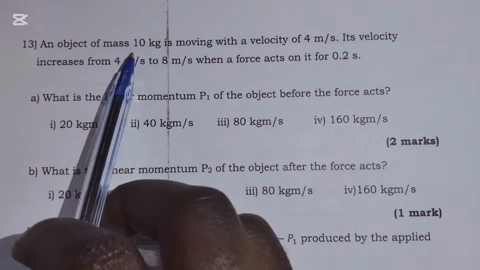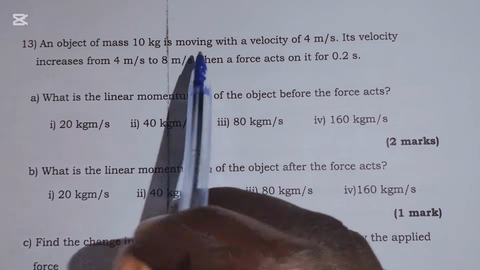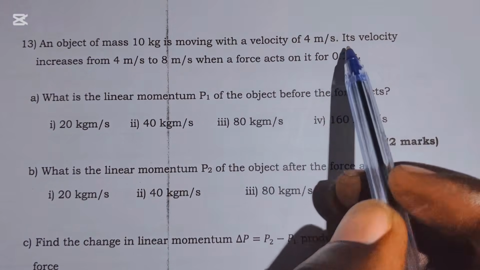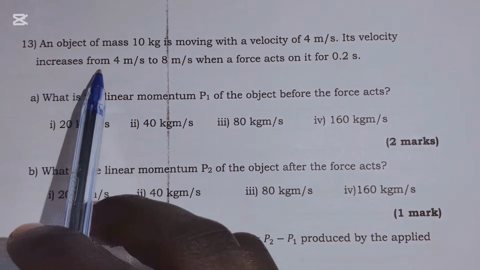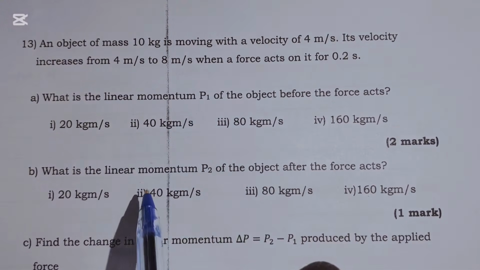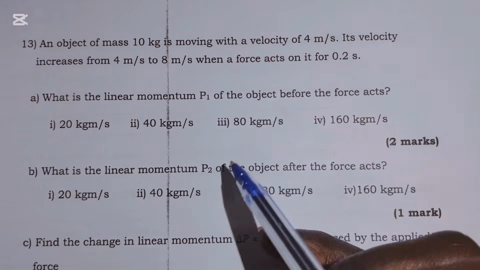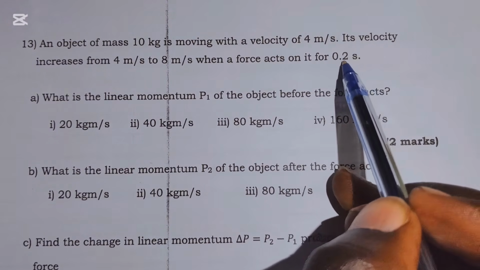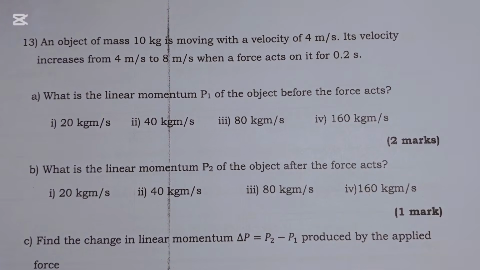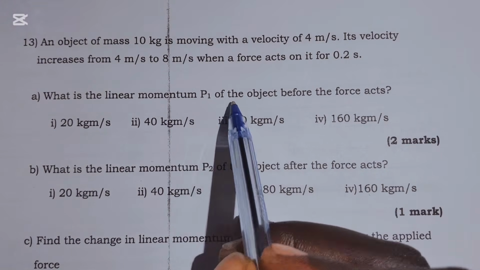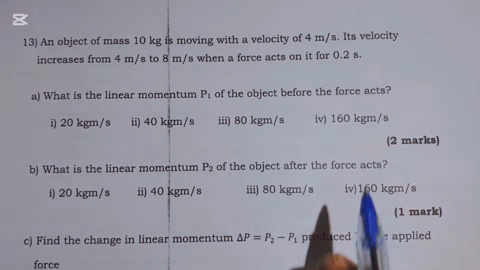13. An object with a mass of 10 kilograms is moving with a velocity of 4 meters per second. The velocity increases from 4 meters per second to 8 meters per second when a force acts on it for 0.2 seconds. We are asked to find the linear momentum P1 of the object before the force acts.